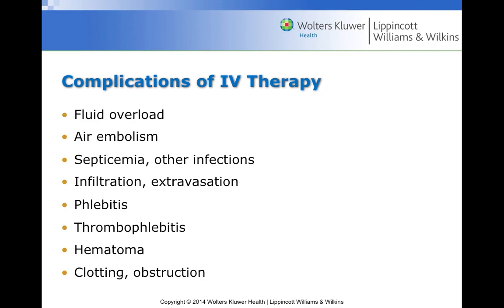So we're not going to cover any of that. I just really wanted to go over when you choose an IV site and actually what you're looking for when choosing that site. Another thing I want you to look at is when you are preparing that IV site.